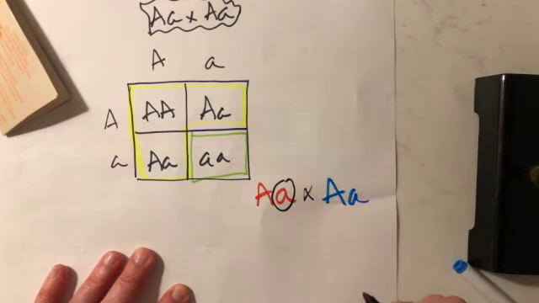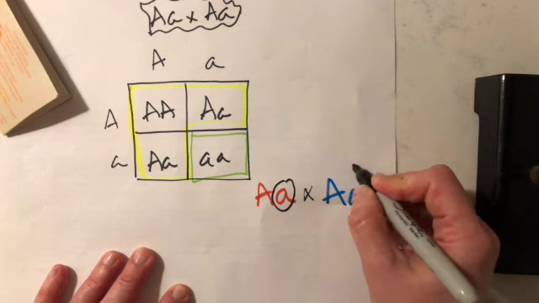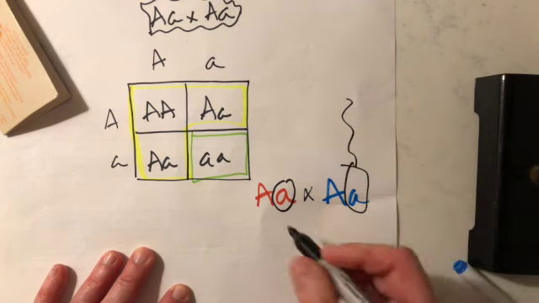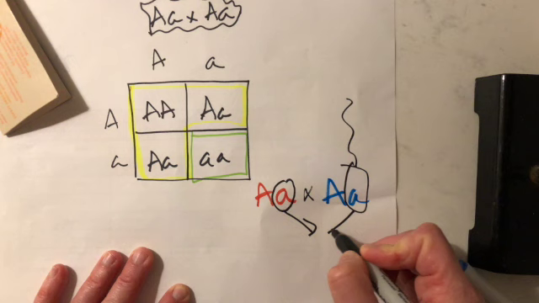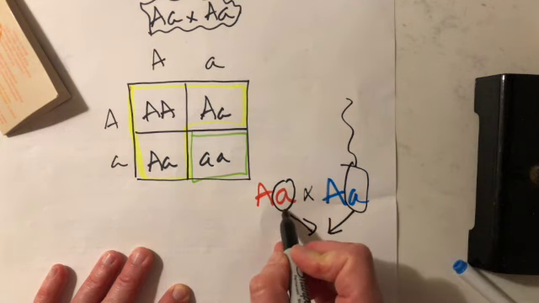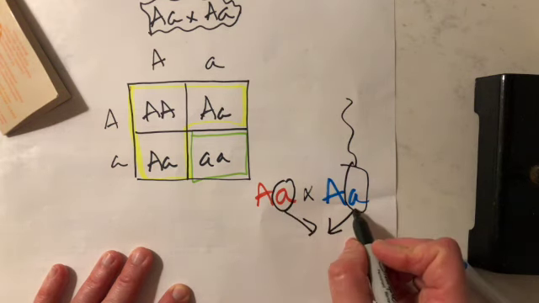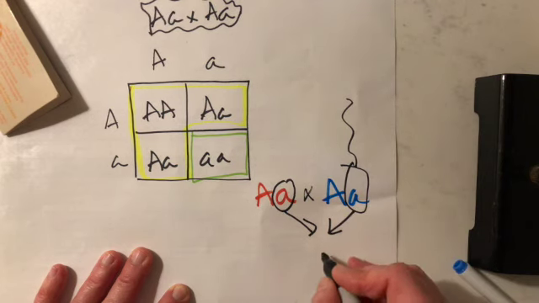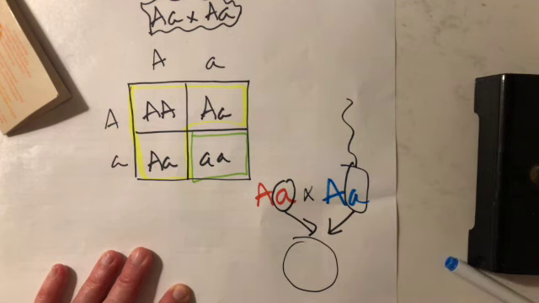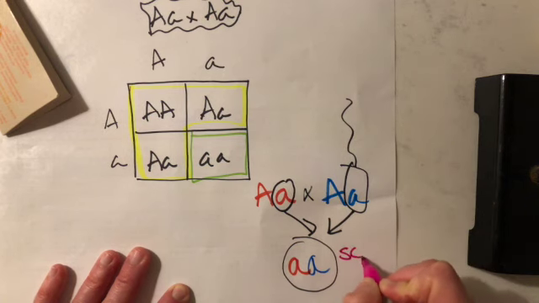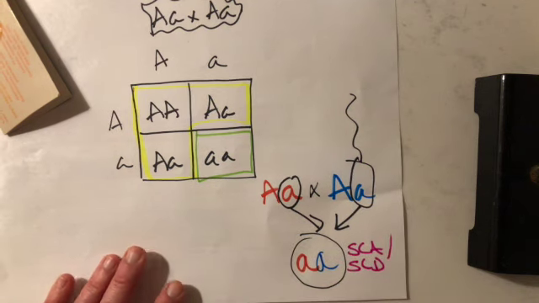This could end up in an egg, and this one could end up in a sperm. So if mom's egg contains the little a allele and dad's sperm contains the little a allele, you're going to get a zygote that is little a, and they have sickle cell anemia or sickle cell disease, whatever you want to call it.